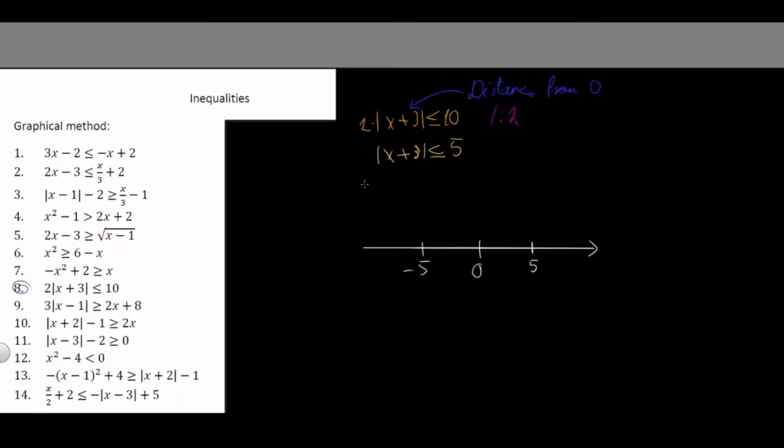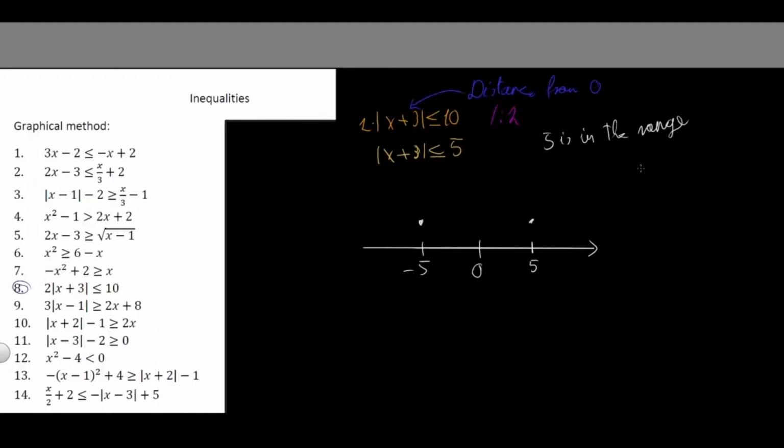So this relation allows the inequality to be equal to 5, which means that we can put these solid circles here, which indicates that 5 is in the range.